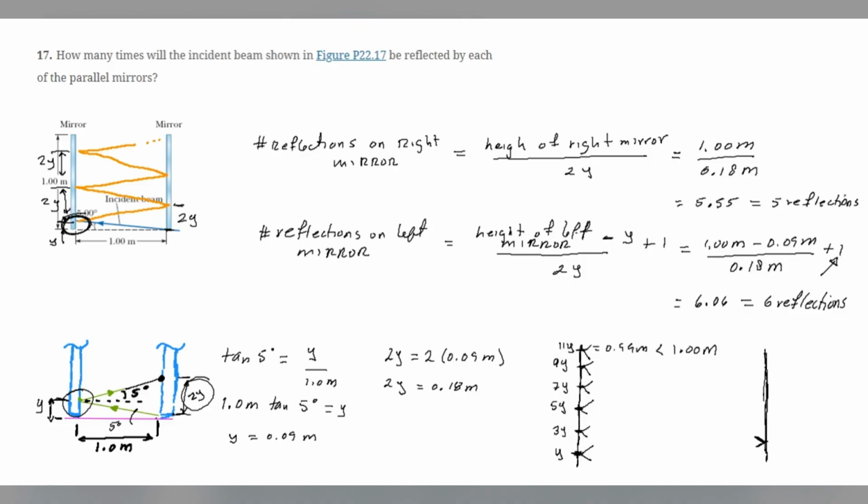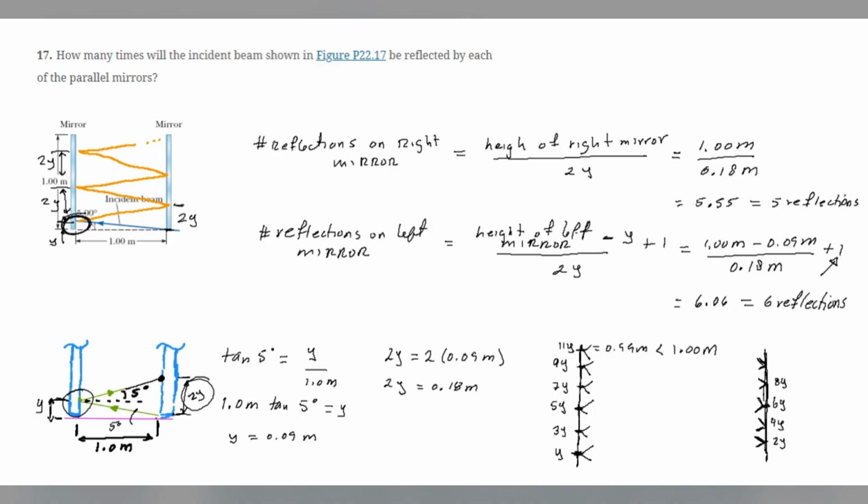Then we have 5 reflections in the right mirror: 2y, then 4y, another at 6y, another at 8y, and one more at 10y.